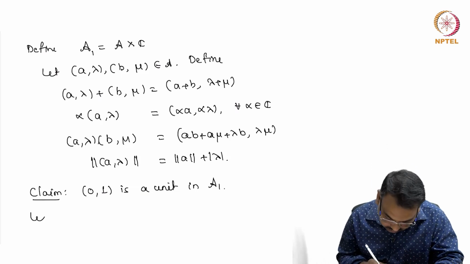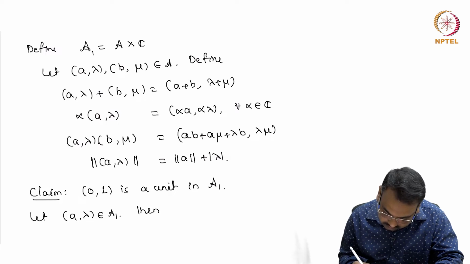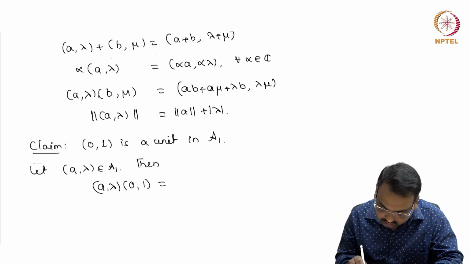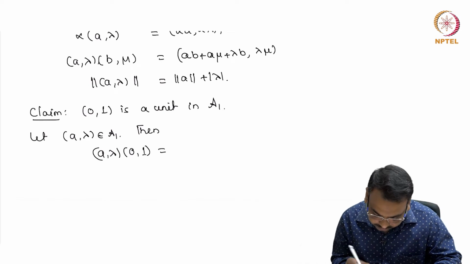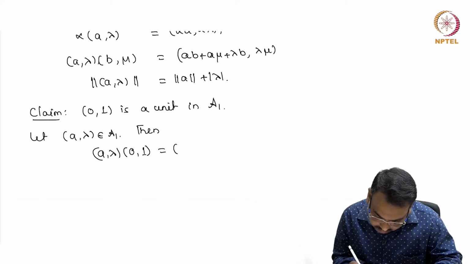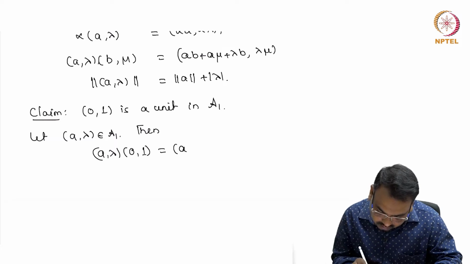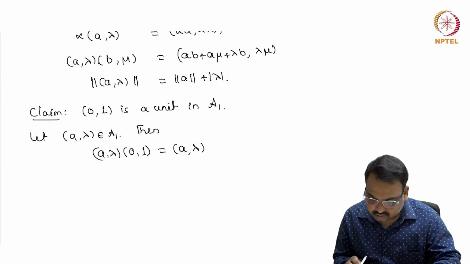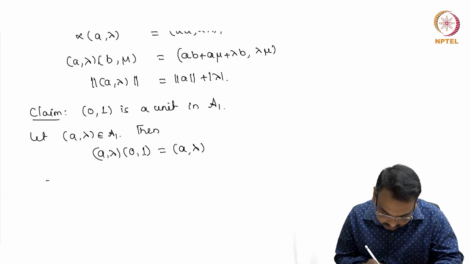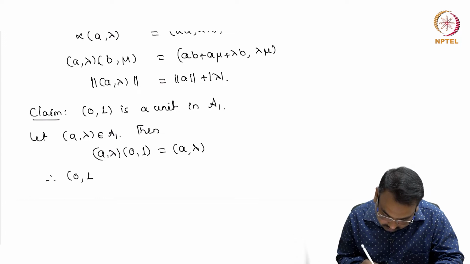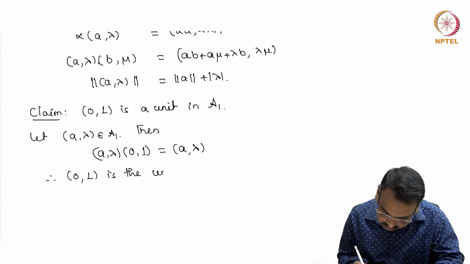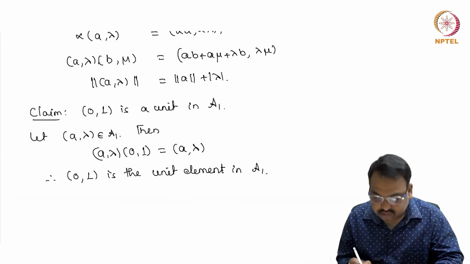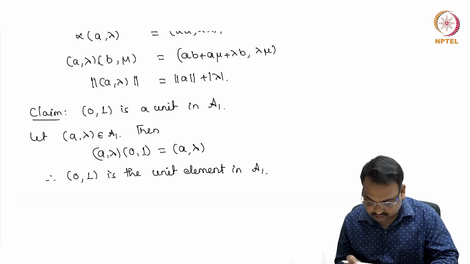Let us take (A, lambda) in A1, then look at (A, lambda) multiplied by (0, 1), which is nothing but (A, lambda), if you apply the definition. So therefore (0, 1) is the unit element in A1, and we can also show that the norm of this element is 1 by the definition.